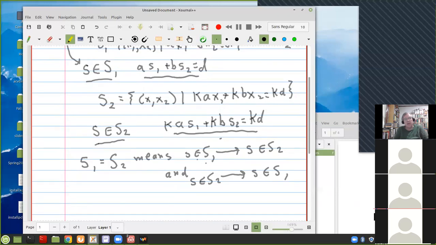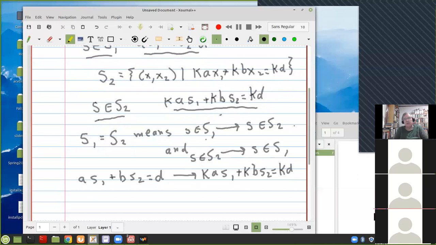So what this says is that A S1 plus B S2 equals D implies that this is very long-winded, because I'm trying to write things out in enough detail to make everything explicit. And it may even then be hard.